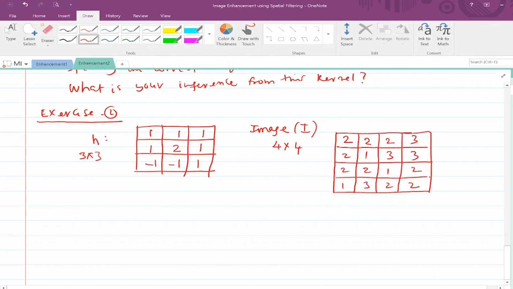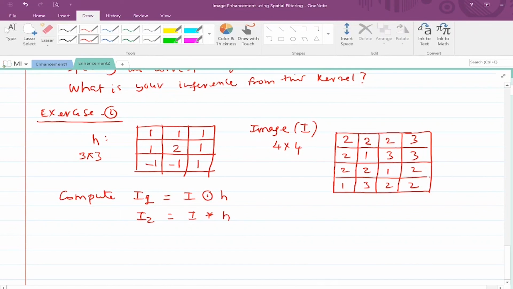Now you compute correlation of, let's call I1, which is correlation of I with H. Okay, I'm not sure if the notation of correlation, the symbol is correct, but you take it for granted for now. Thus I want you to compute the correlation of I with H, that image, and then I would like you to also compute the convolution of I with H.